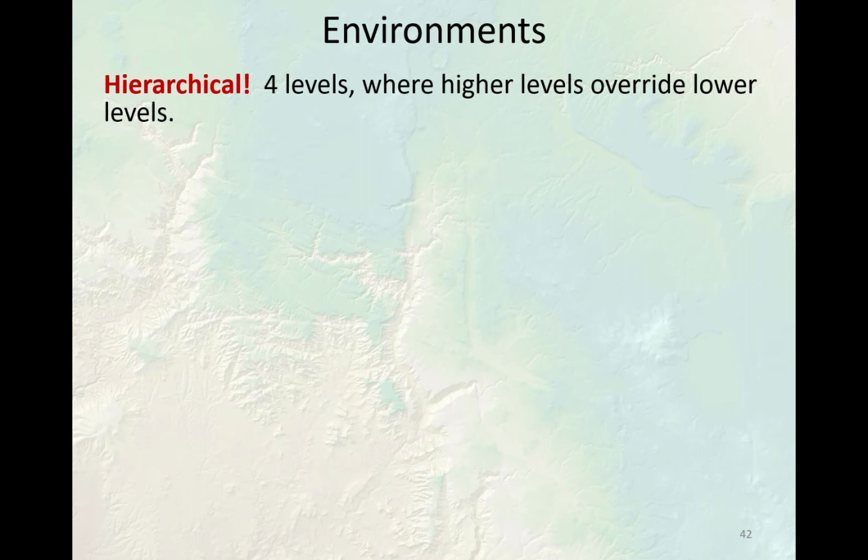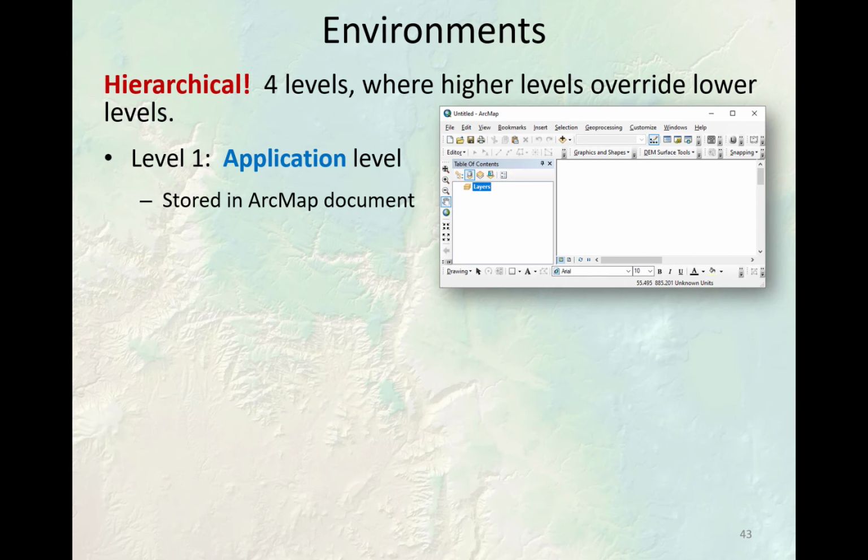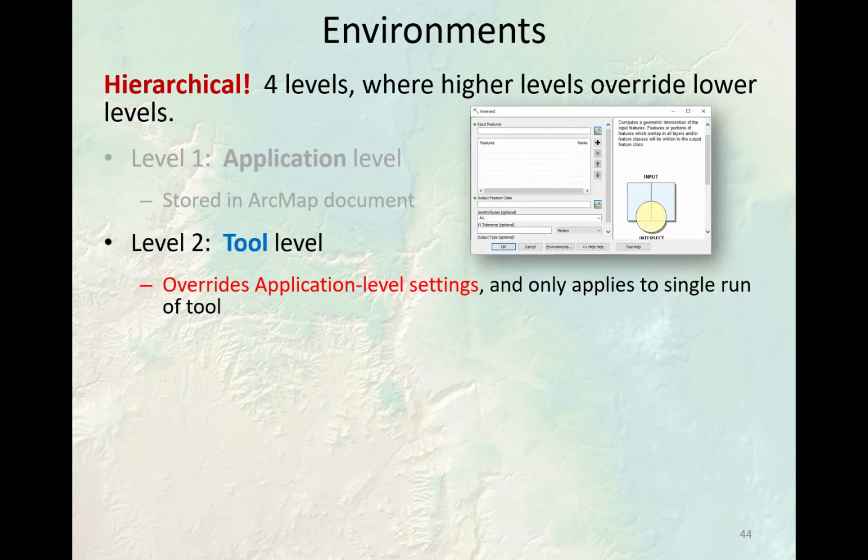Now, let's look at these 4 levels at which you can specify an environment. First off, you can specify an environment in ArcMap itself. It's stored in the ArcMap document, and if you do it here, then all the tools that you fire up will use those environmental settings. You won't have to go into each tool environment setting and set it. Second level is in the tool itself. You double click on the tool, you open it up, you can set the environment settings within that tool.